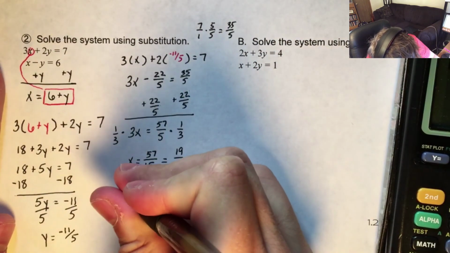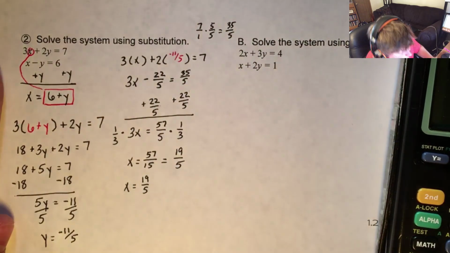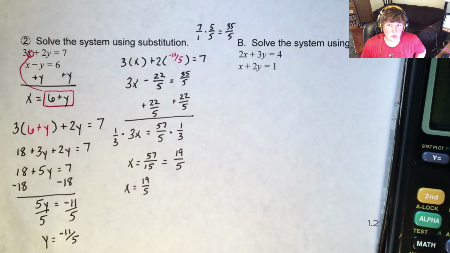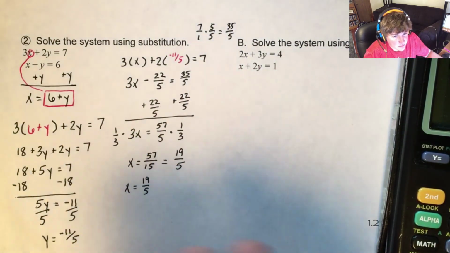So then I know x is equal to 19 over 5. Alrighty, so this one, although it seems like it required a lot more work, really the concepts are the same. We're just doing a little bit of fraction work.